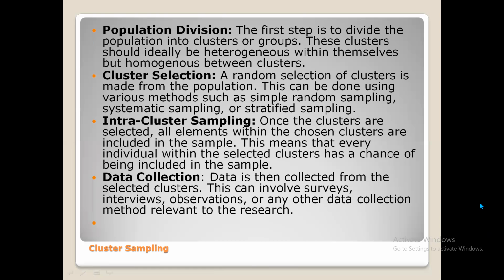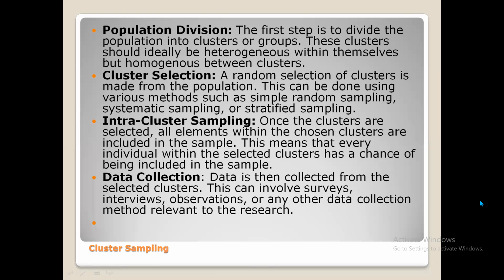Let's say you want to carry out research on the utilization of primary healthcare facilities, and you are using cluster. Inside that Umabaka, they are going to be heterogeneous because they are male, female, children, old people. All these people make use of health facilities, which makes them heterogeneous.